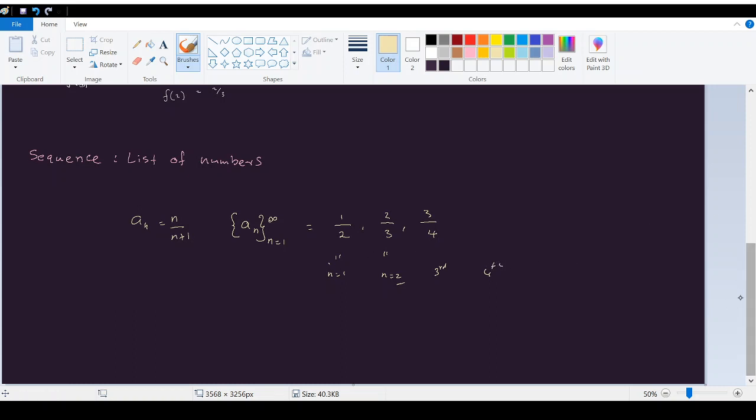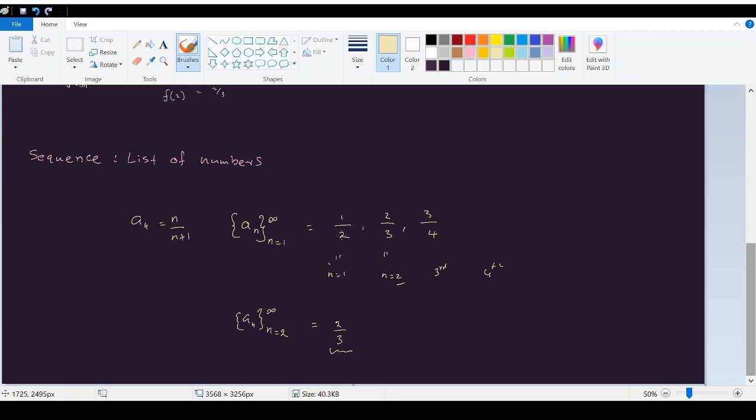Now you can even start these sequences from a number different from 1, right? Say for example, if we start with 2, the first number that you will get is the output when you substitute n equals 2. So in that case, our first position will be this one.